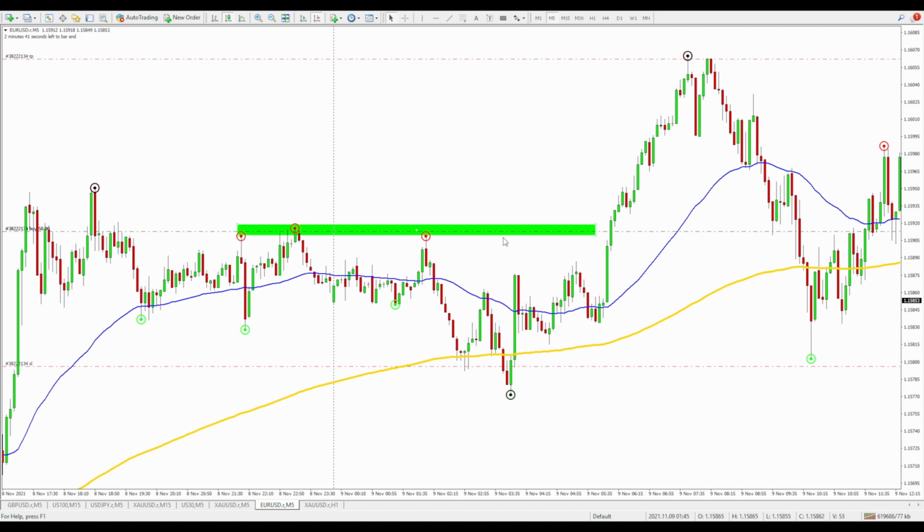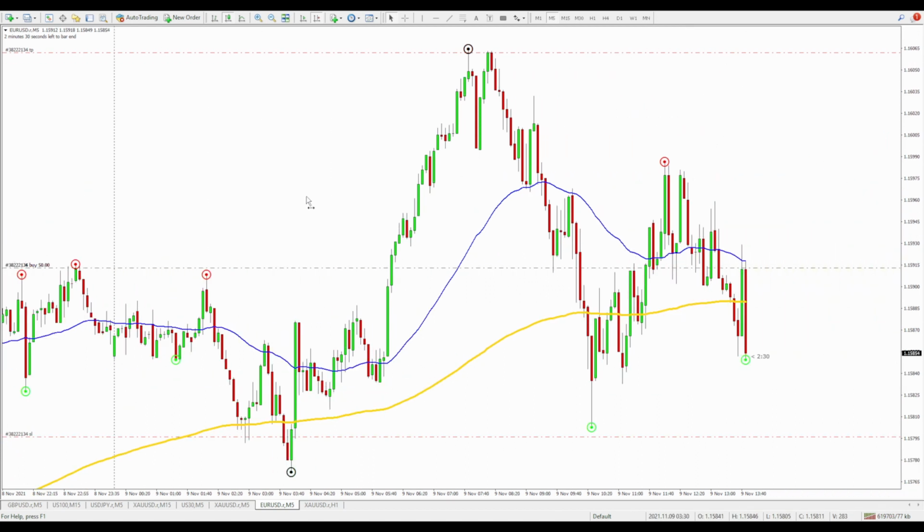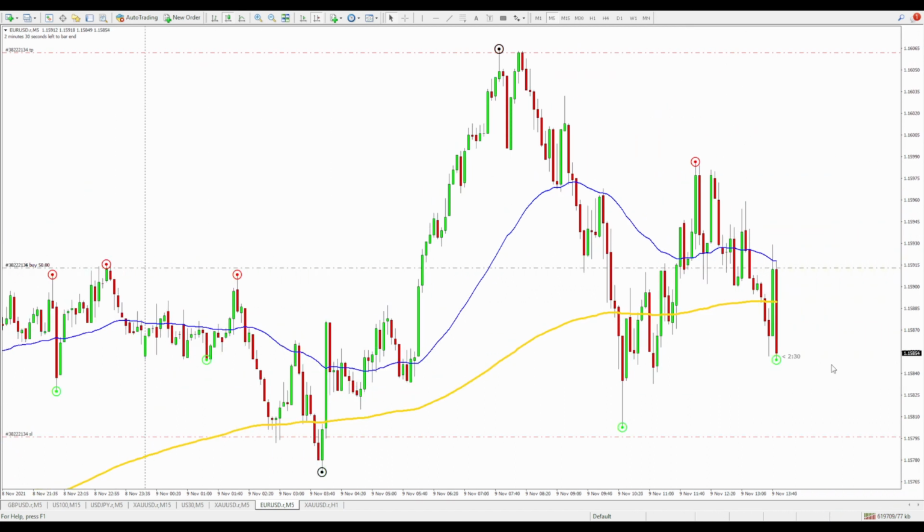So it just broke the level of structure and kept on going higher. That's just how that signal is. It can act as a buying signal and a selling signal as well. As you can see, the signal does reprint, guys. It was here, it does reprint, so just bear that in mind.